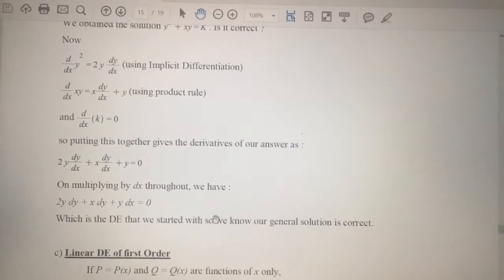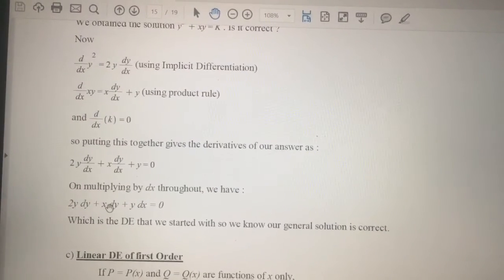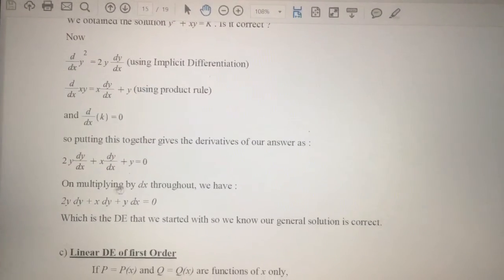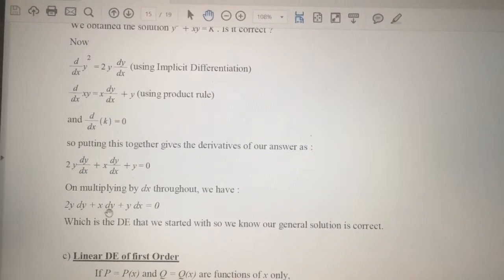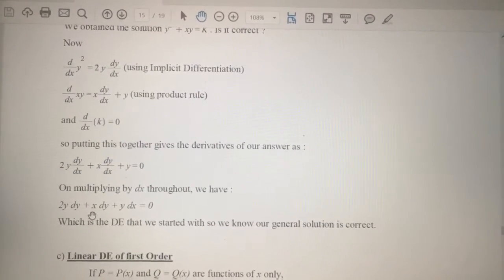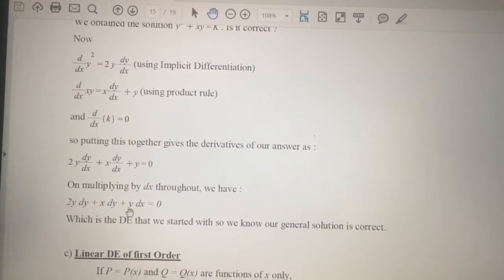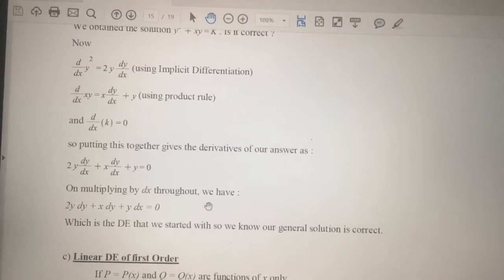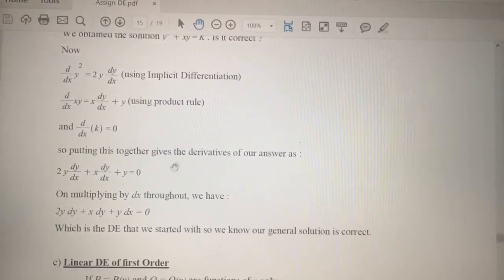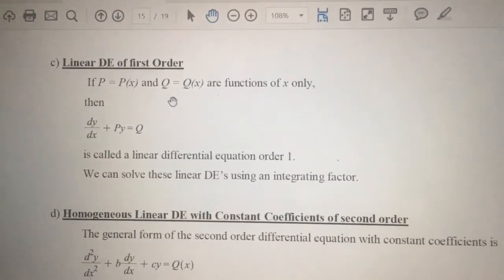We know the general solution is correct because this equation is not separable, because x dy cannot be separated into the x term and y term, and y dx cannot be separated, and we know that the general solution is correct.